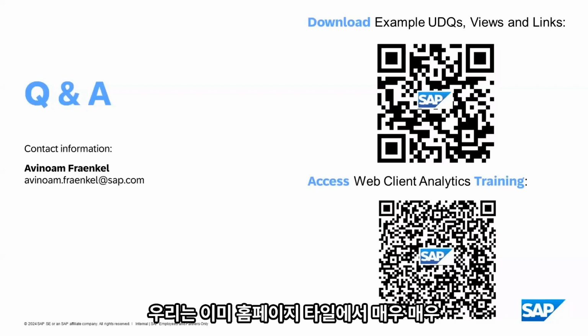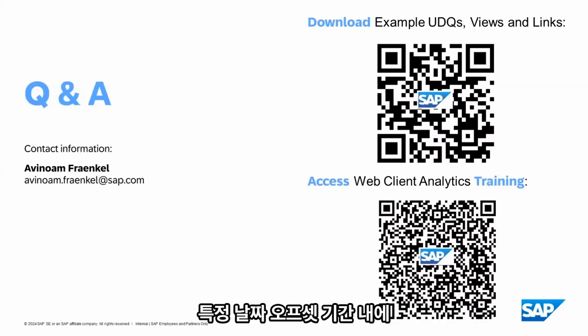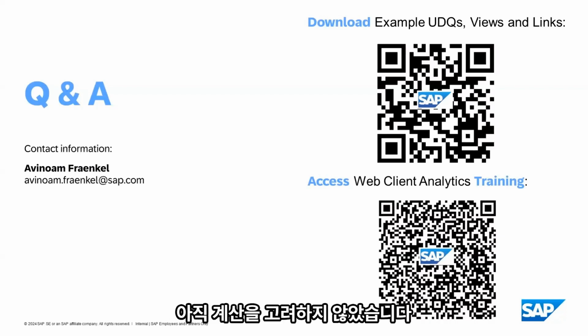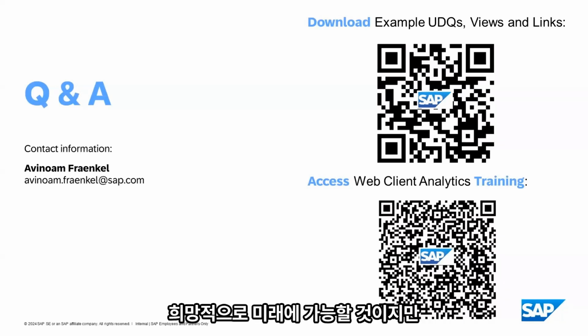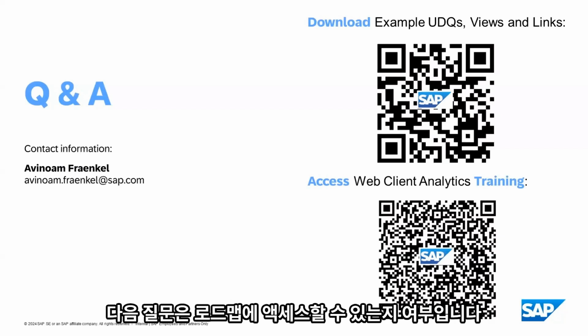We can already create very basic statistics. Let's say on the homepage tile, we can put in the invoice total that's available within a view within a particular date offset period. And we have not yet developed that into a more sophisticated calculation. Hopefully that will come in the future, but we're not there yet.